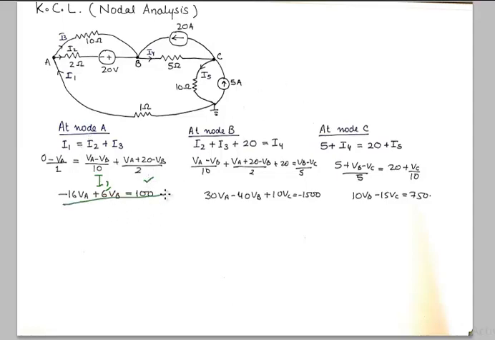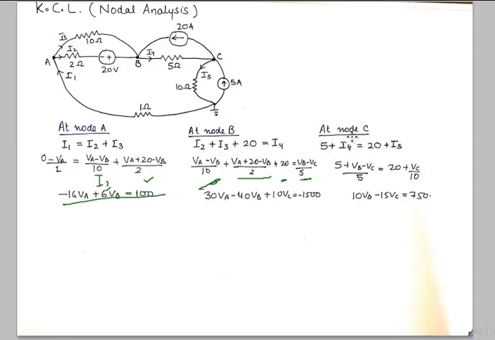So we get this equation. And similarly at node B, I2 is this, I3 is this, and 20 is also entering node B, and what is leaving is I4, which can be expressed as VB minus VC upon 5 ohm resistance.